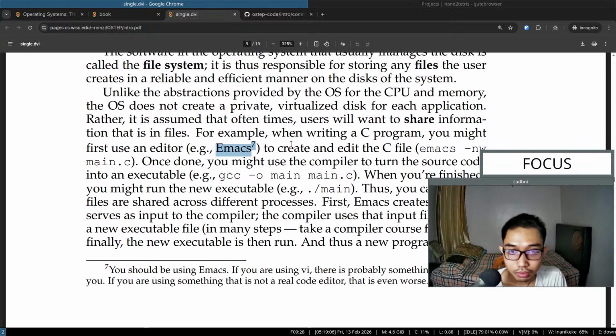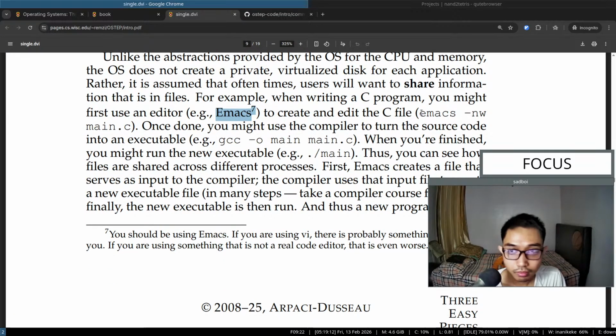In this book, we are using Emacs, or the author is using Emacs, right? The GNU Emacs. This is the command to open the main.c file. Once done, you make use of the compiler to turn the source code into an executable, using GCC.